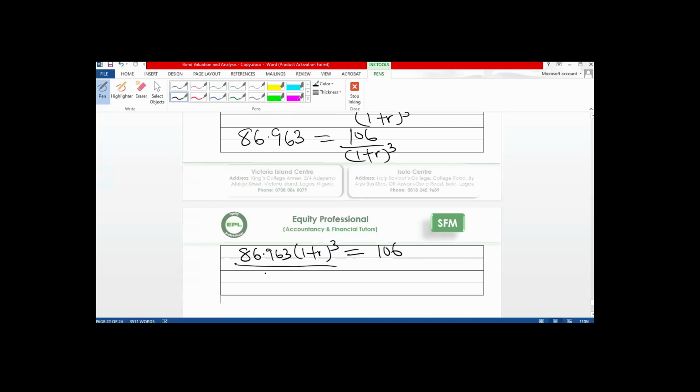Divide both sides by 86.963. This will cancel out this. What do you have here? 1 plus R raised to power 3 is equal to 1.2189.